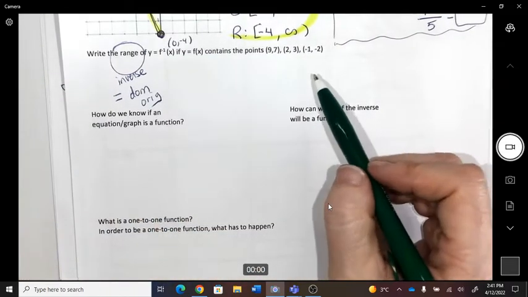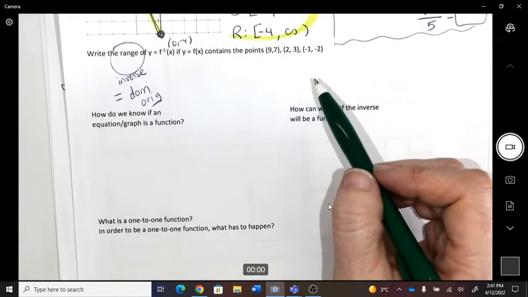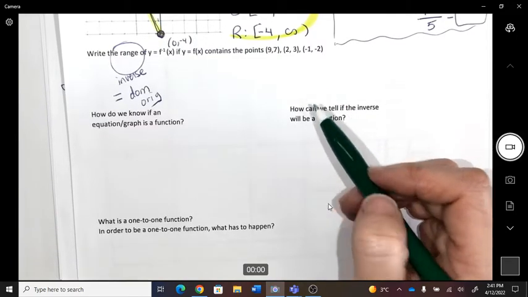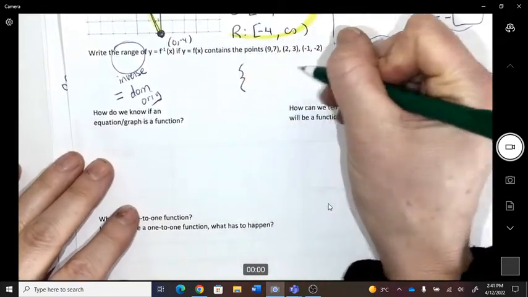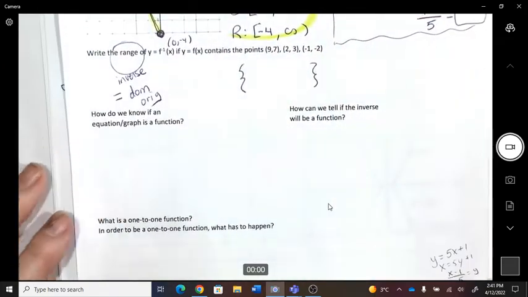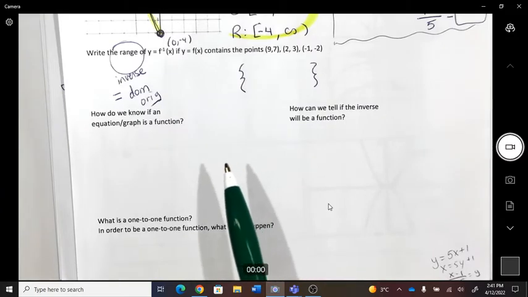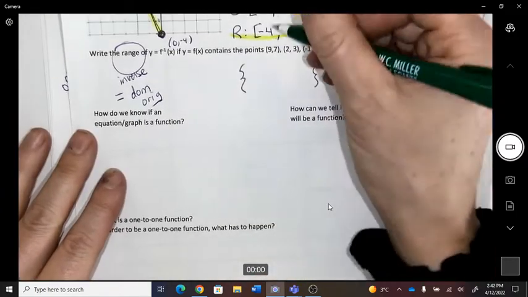Okay, so now I'm just going to show you one weird thing in math that you've probably never seen before. I'm going to just make a list. In math, if you make a list of stuff, you put these types of brackets on. So what will the y values be?